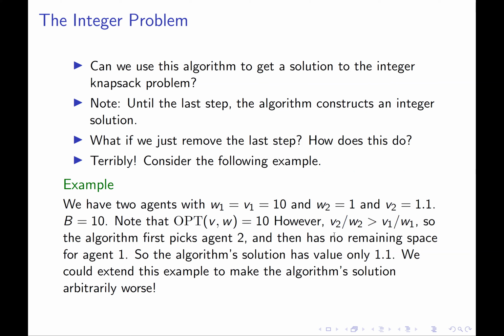And so our algorithm will first allocate to bidder 2, okay? And then the fractional algorithm will try to fractionally allocate to bidder 1. But if we just throw away that fractional allocation, we will get a solution that only allocates to bidder 2, and it'll have value 1.1 instead of 10, almost 10 times worse than the optimal solution.